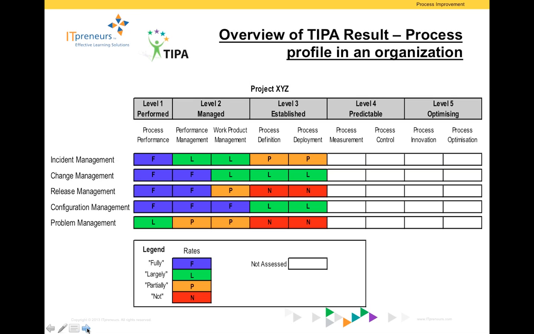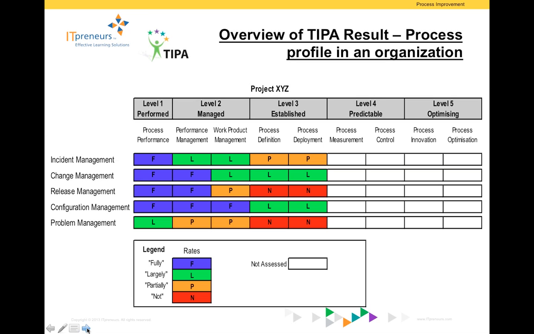And then on the bars with the color there, you could see the color coding in the legend, 4 levels for each single attribute that we will determine, from not met, red box, to partially met, going through largely met, and eventually to fully met.